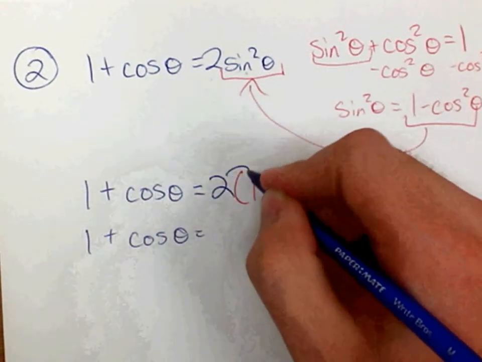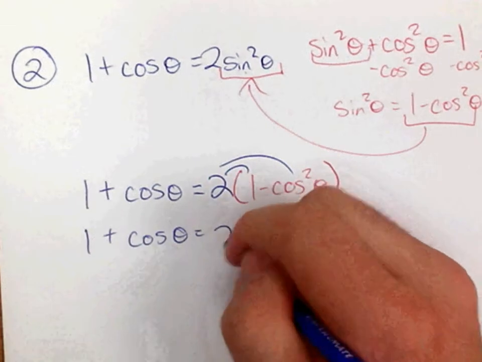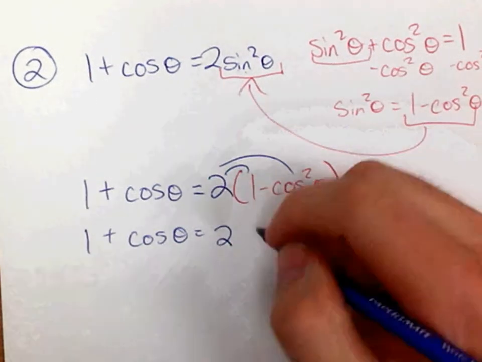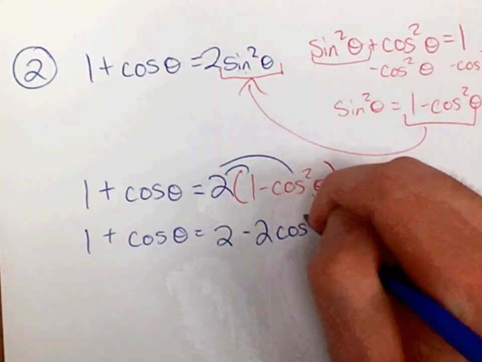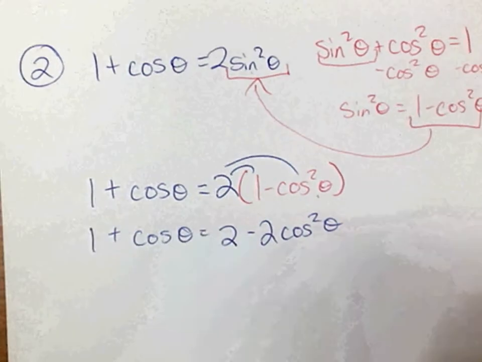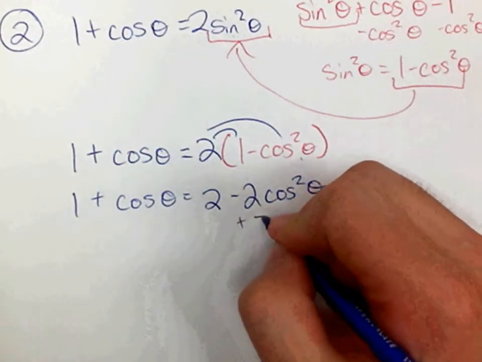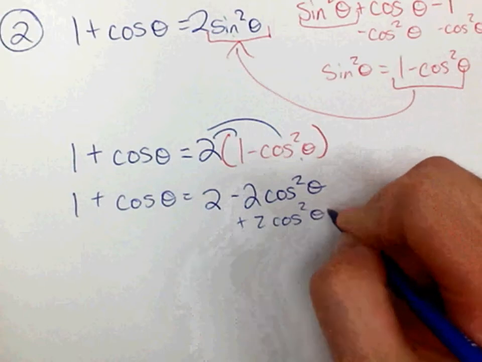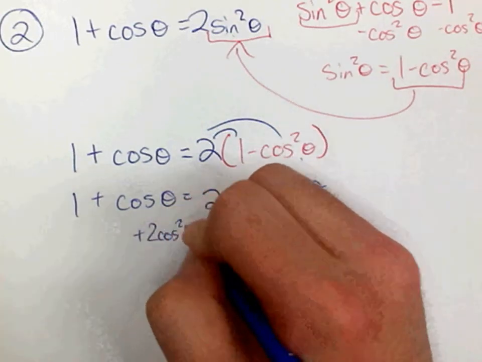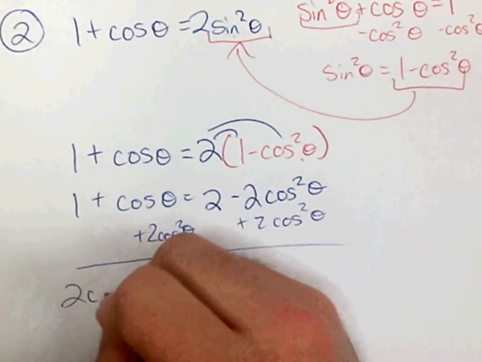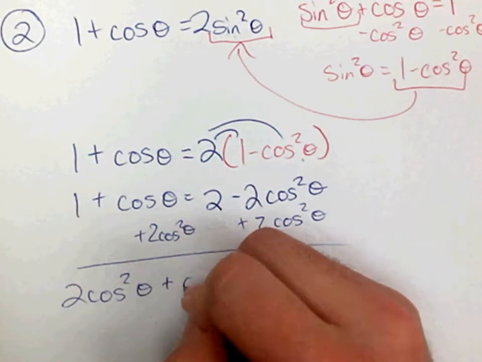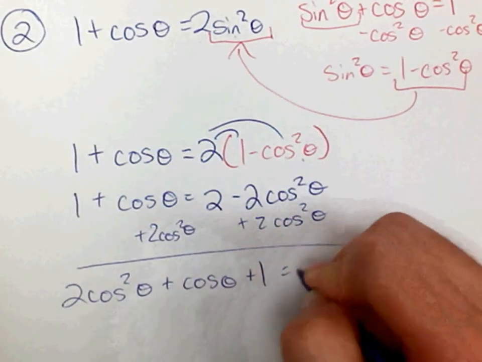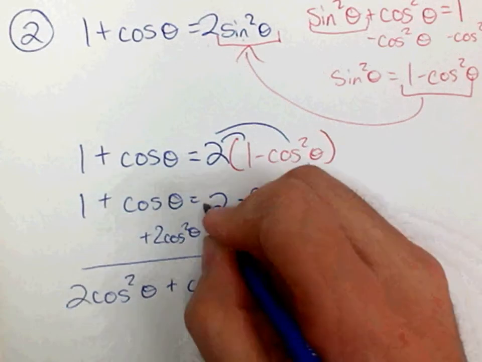I will distribute the 2. 2 times 1 is 2. 2 times negative cosine squared is negative 2 cosine squared theta. Let's get it set equal to 0. So add the 2 cosine squared theta to both sides. So I get 2 cosine squared theta plus cosine theta plus 1 equals positive 2. This 2 is still down here.